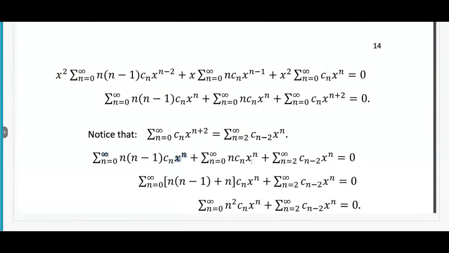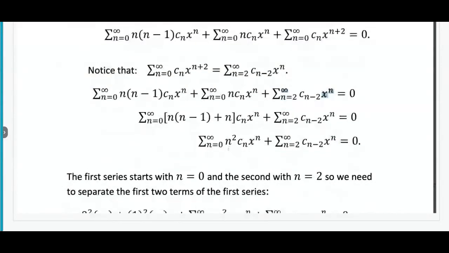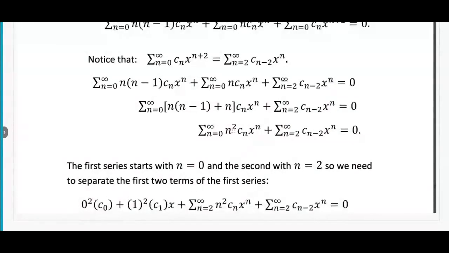Now x raised to n, x raised to n, x raised to n, we factor out that. So now what do we get? We get n squared Cn minus 2. Well, when n equals 0 for this one, what happens?